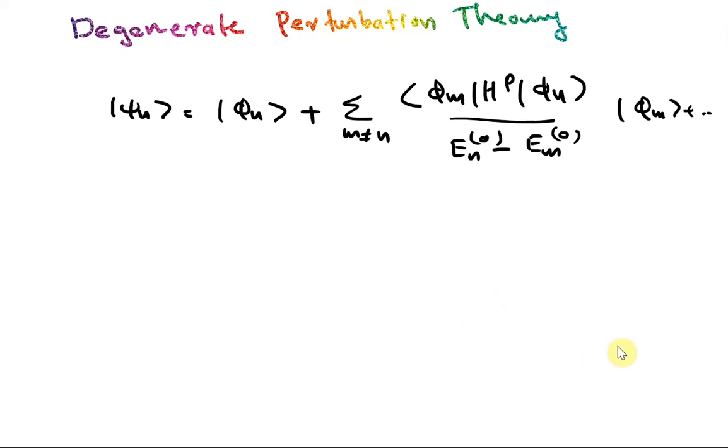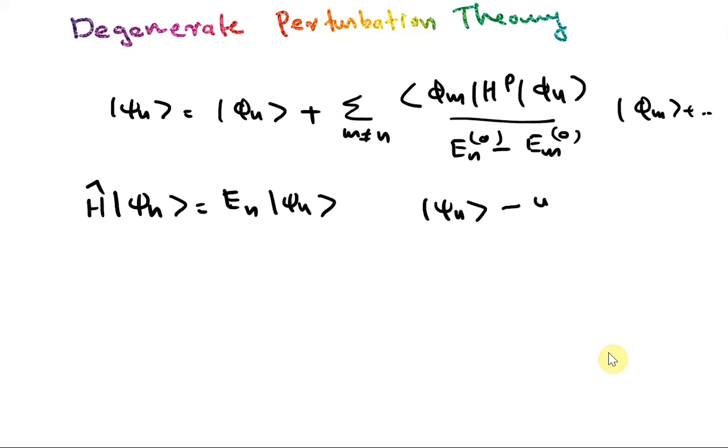Ultimately, what we have to do is find the solution exactly like before: H psi n equal to E n psi n. The psi n is the unknown wave function that we have to find out, along with the energy values.